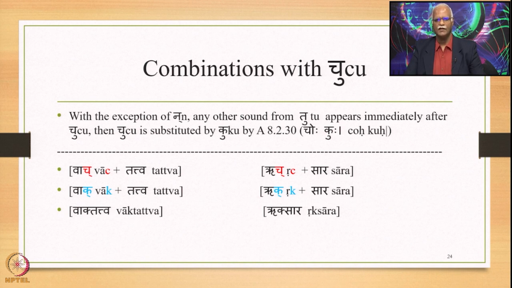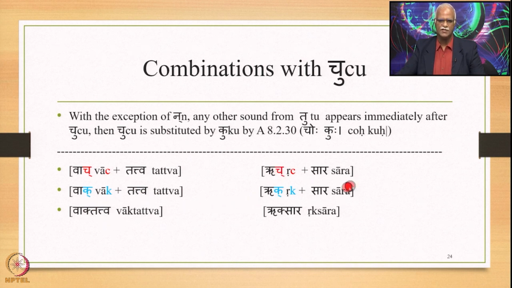Now, let us look at the combinations with chu. With the exception of na, any other sound from tu appears immediately after chu, then chu is substituted by ku. This is by 8230, choh kuh. So, for example, if we have vach plus tattva, cha is replaced by ka, so we have vak and tattva, and we get the word vaktattva as a compound.